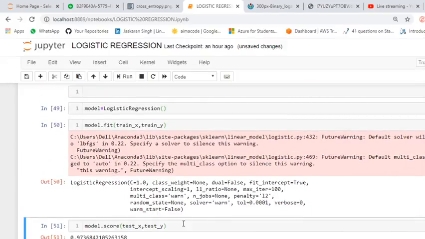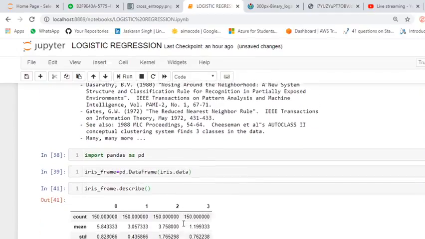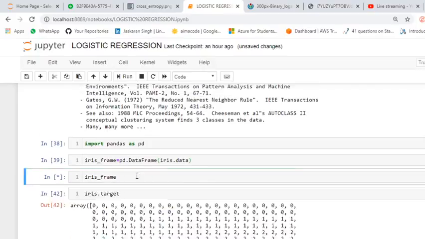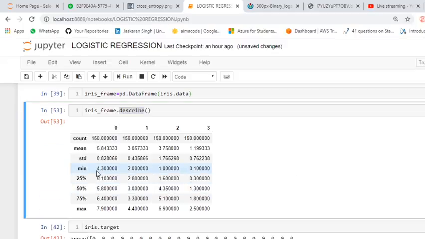So how can we improve this accuracy? Maybe, we have all these numerical values. What if we divide these values into discrete values, like find out the range: for the first, minimum is 4 and max is 7.9, then minimum is 2, max is 4.4, minimum is 1, max 6.9, and 0.1 to 2.5.